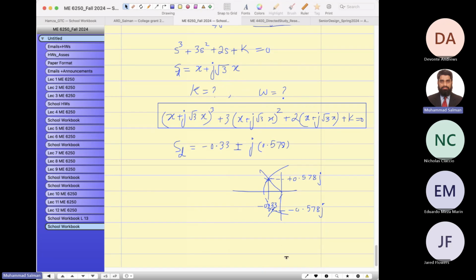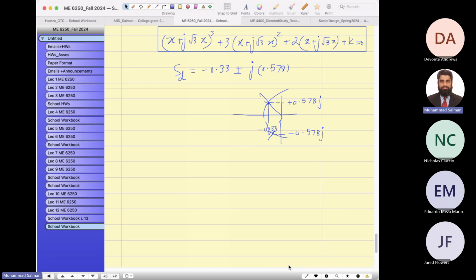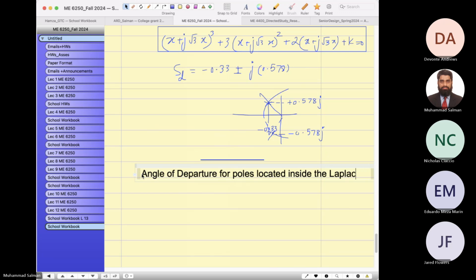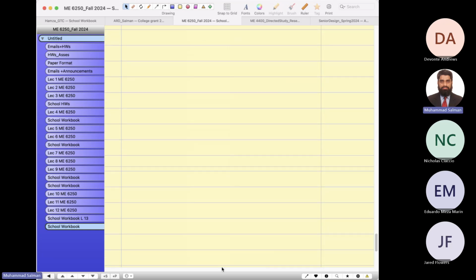With that we have finished this example, but I want to show you another concept here, the angle of departure.